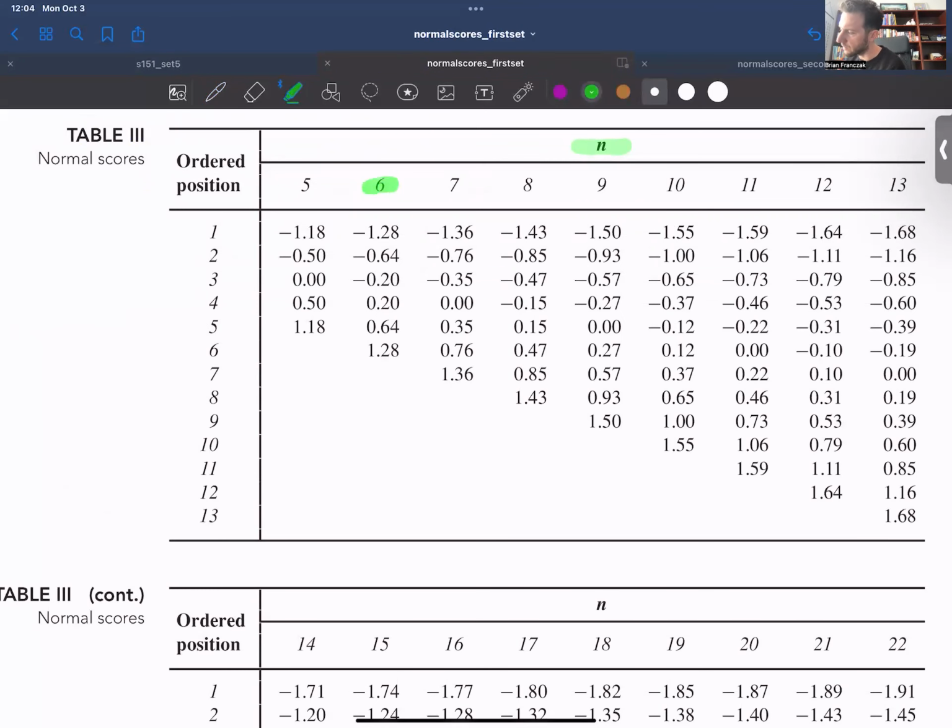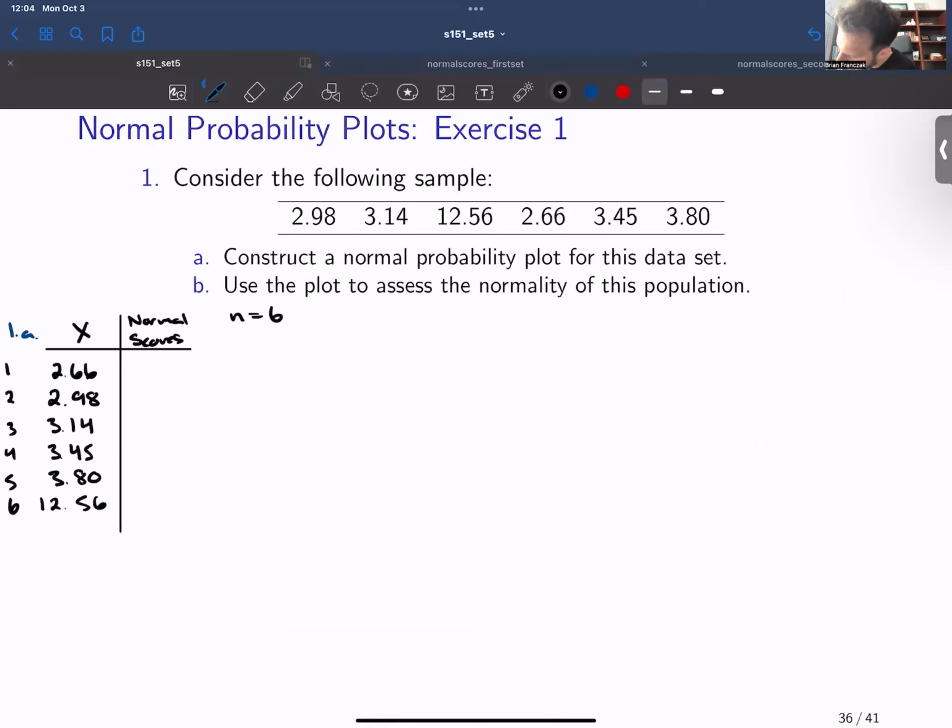We locate the column that corresponds to n equal to 6, and we are going to take these 6 values and line them up next to our ordered observations. So we have from table 3, negative 1.28, negative 0.64, negative 0.20, then we have 0.20, 0.64, 1.28.